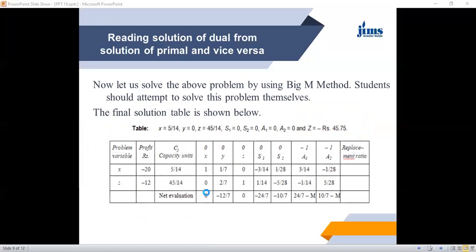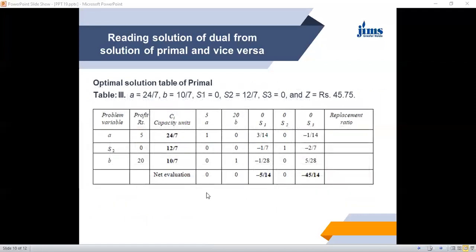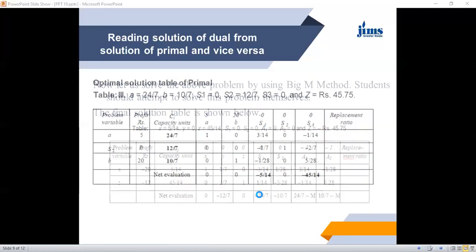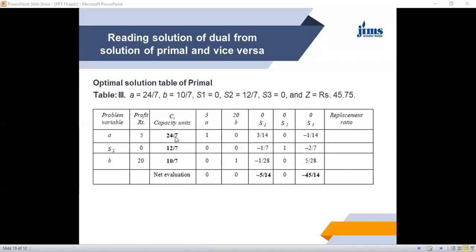Now you see the primal value here. The primal value has quantities of 24 by 7, 12 by 7 and 10 by 7. So from this primal you have read the dual. Now from the dual we have to read the primal. So see here, minus 24 by 7 is the slack variable here. This minus 24 by 7 becomes 24 by 7 in the quantity column here.